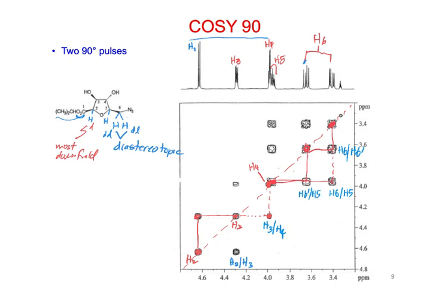The tricky part in here that we can't really see, because these are so close together, is that there should be an off-diagonal peak here for H4 to H5. But they're just too close to each other. We can't see that.